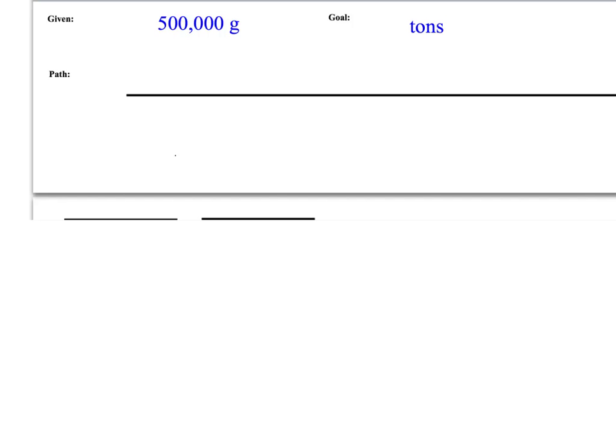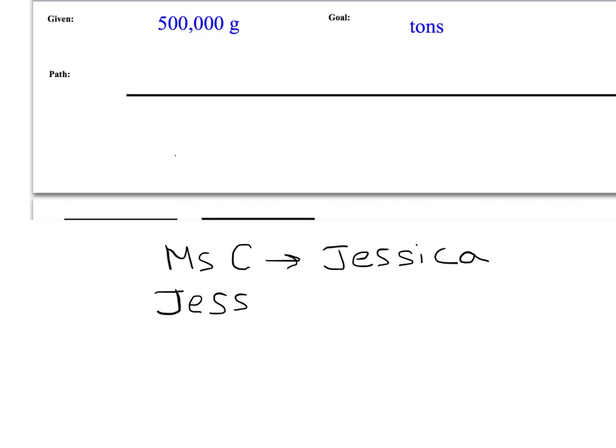The analogy that I'm thinking of would be like Miss Campbell trying to get a note to one of her former students. Let's pretend that Miss Campbell wants to get a note to her former student Jessica. She no longer sees Jessica. So she has to find people who see Jessica who also see Miss Campbell, who she can pass the note to. So when she looks through her schedules and calendars, she notices that Jessica is in a class with Nick.